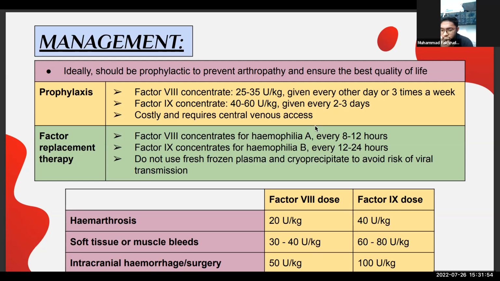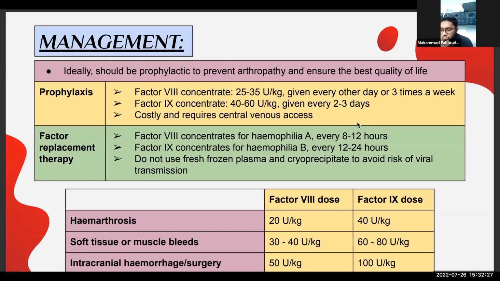If hemarthrosis, we need to give 20 unit per kilogram for factor 8 and 40 unit per kilogram for factor 9. If the bleeding involves soft tissue or muscle, we can give 30 to 50 unit per kilogram for factor 8 and 60 to 80 unit per kilogram for factor 9.